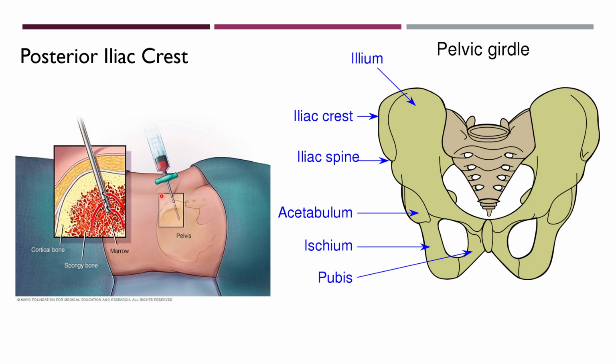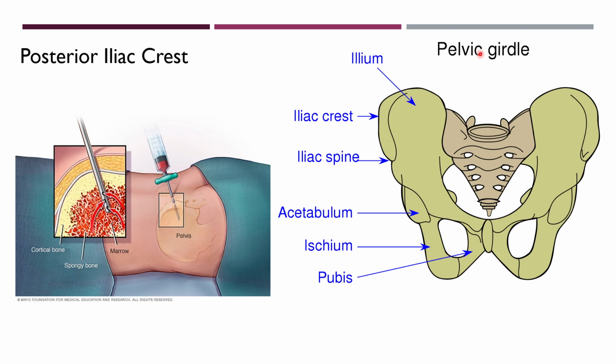Why this location is chosen, we are also going to see. The reason is that it is relatively less painful to take the sample from here. If we take the sample from another place, it is more painful. So what you need to remember is, first of all, the name of this bone and this part of the body, which is called the posterior iliac crest.